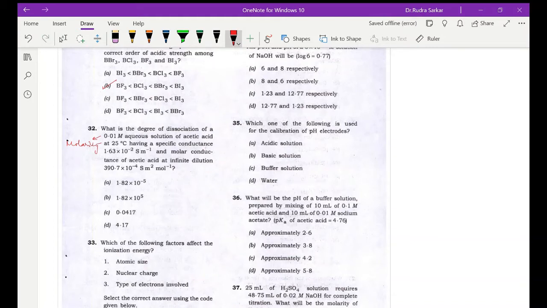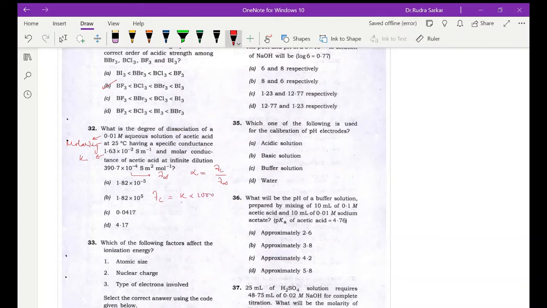Here the specific conductance, that is kappa, has been given, and we have also been given the molar conductivity of acetic acid at infinite dilution. So we know alpha is this by that, and to calculate this we will use the formula kappa into 1000 by molarity.